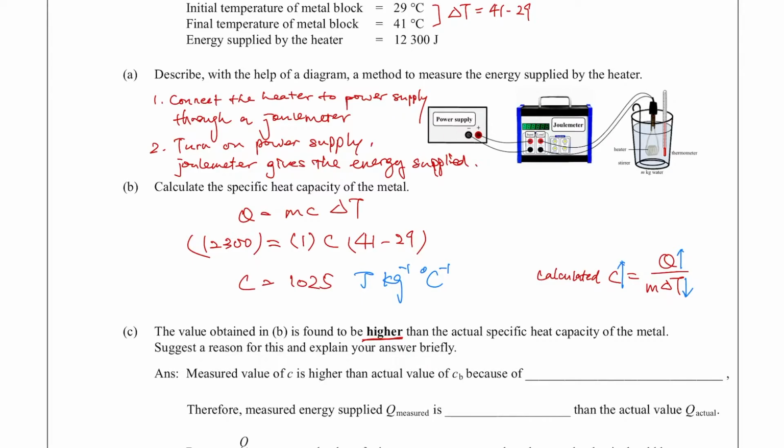Or on the other hand, you can say that the actual C is smaller. You have calculated it to be higher. That means the actual value is smaller. So conversely, these two are the possible. So one of the reasons is maybe because of the heat loss to surroundings.